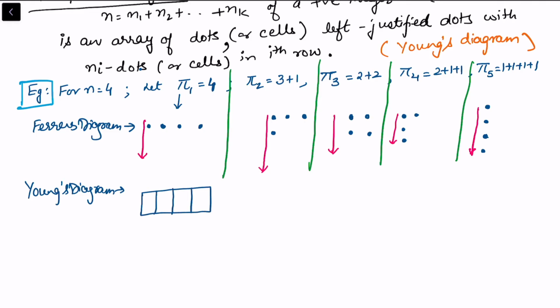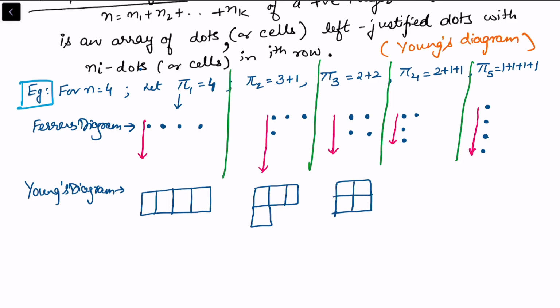So it's like a square cell, and you use 4 cells to represent the partition 4 in the first row. In the second case, we first represent 3 cells, and then in the second row we represent 1 because the next number is 1 and here it was 3. Then in the next partition we represent the cell 2 by 2.